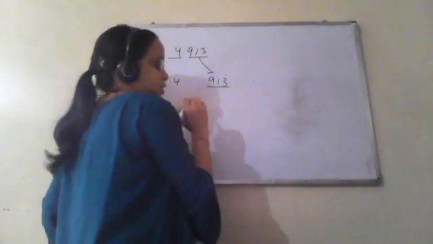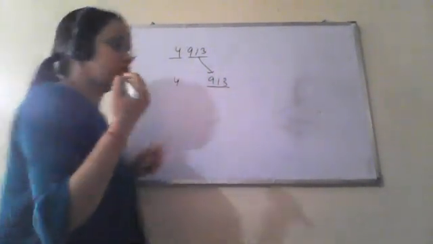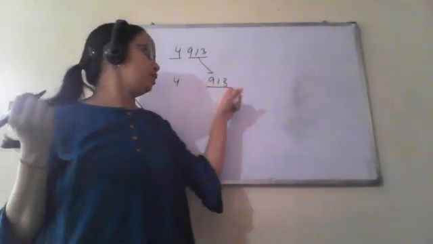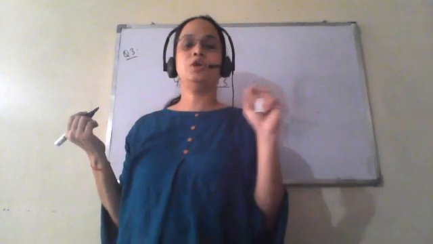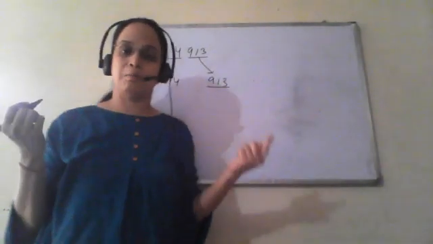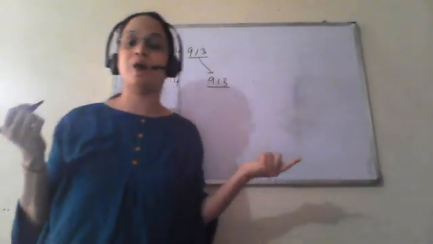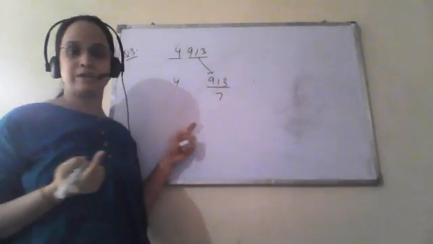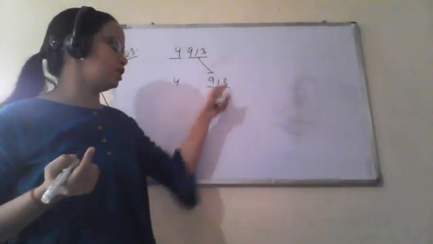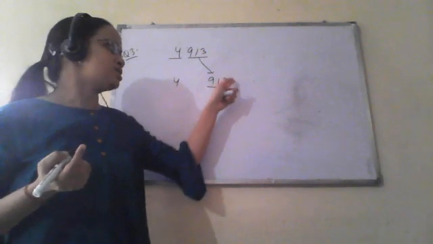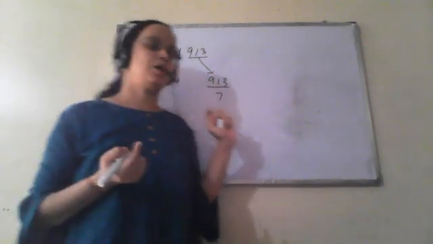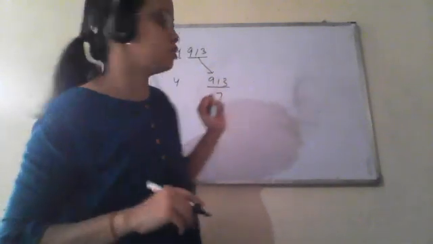If this is a perfect cube ending with 3, its cube root should have 7 at its unit place, because the cube of 7 is 343.